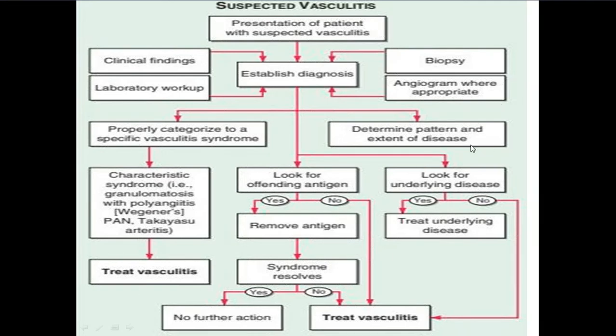Or you determine the pattern and extent of disease, or look for the underlying disease and treat it, or look for the offending antigen. So either you establish the diagnosis straight away and treat the vasculitis disorder, or you take away the offending antigen, or you treat the underlying disorder leading to vasculitis.